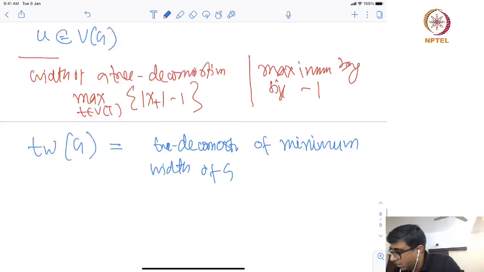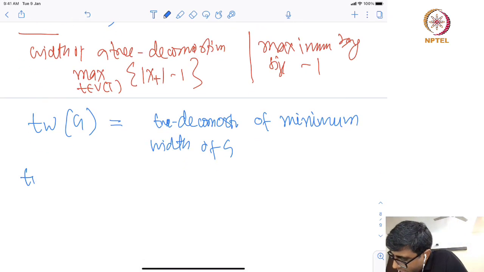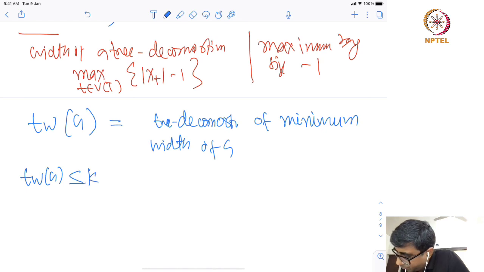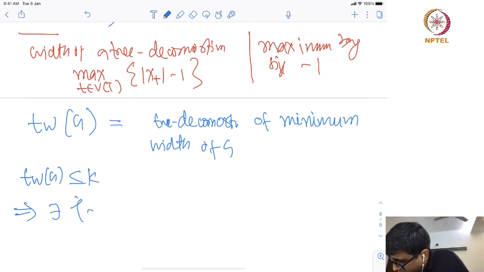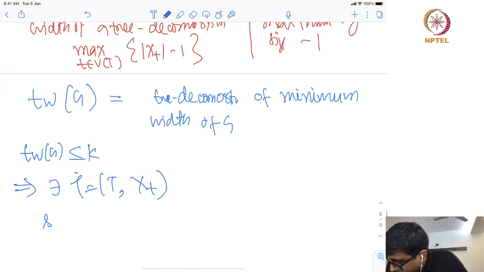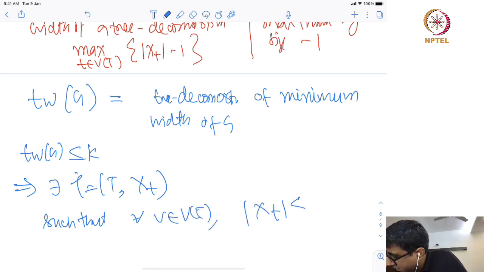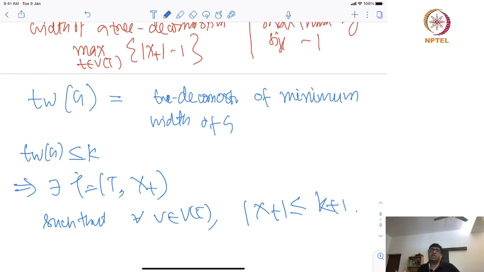So whenever I say the treewidth of G is at most k, it implies there exists (T, X_t) such that for all t in V(T), the size of X_t is upper bounded by k plus 1. So I can find a tree decomposition of my graph where no bag has size more than k plus 1.